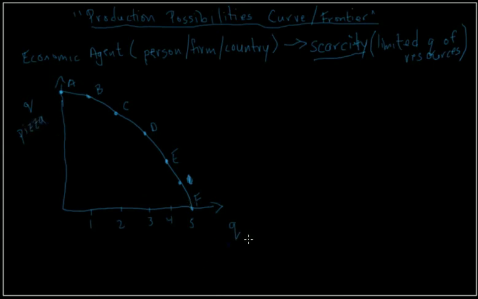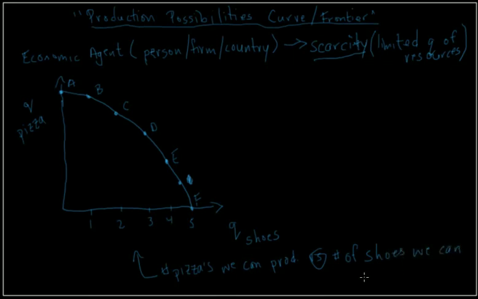This is our quantity of shoes. So basically what this graph represents is the relationship of the number of pizzas we can produce versus the number of shoes we can produce.